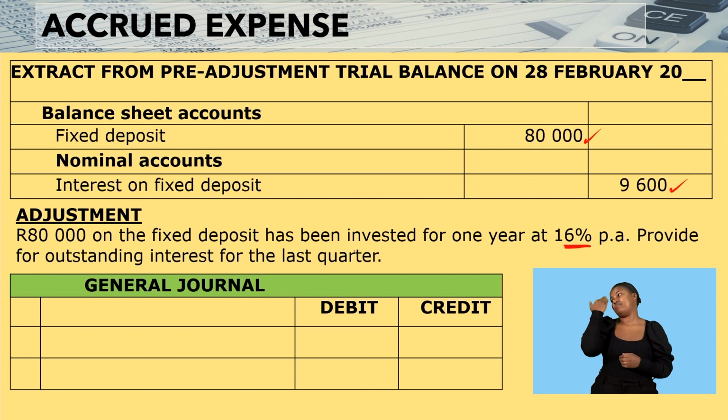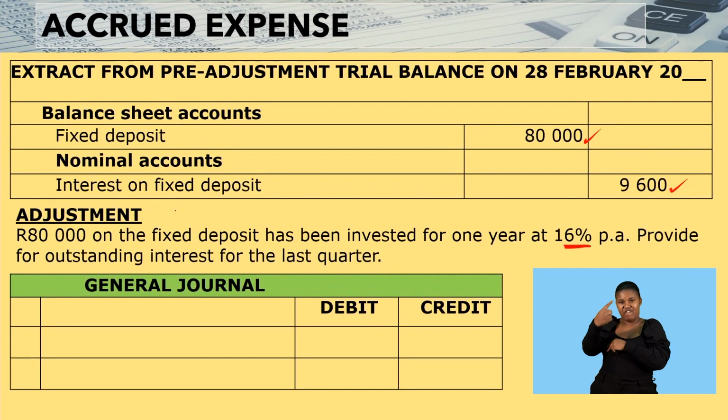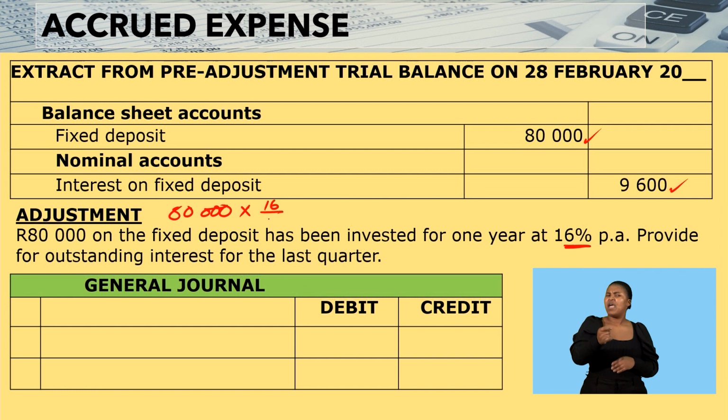So we want to know how much interest is outstanding. There are several ways in which you can calculate this amount. However, I'm going to show you one simple way. The fixed deposit is for 80,000 and the interest rate is 16%, which is 16 over 100.